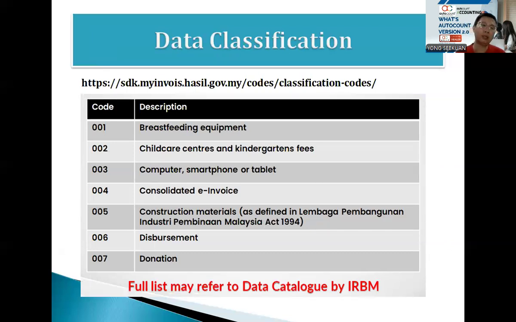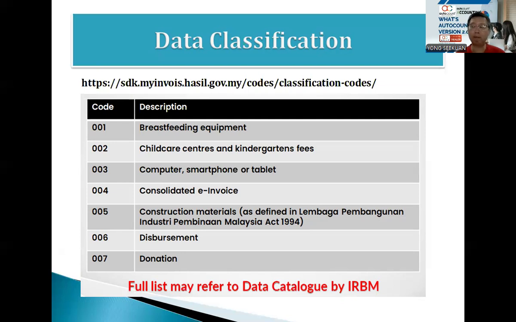Next is the classification of all your invoices, something like the MSIC code or tariff code, meaning what kind of item you are selling. LHDN also has another list for their purpose, called classification: 001, 002, computer is 003. The special classification is 004, consolidated invoice.